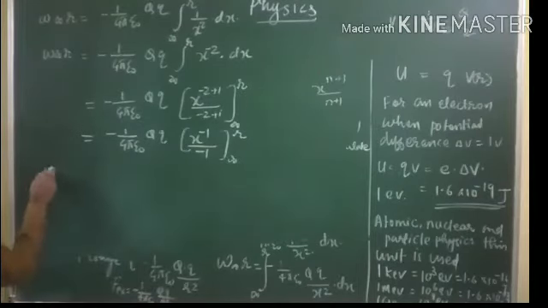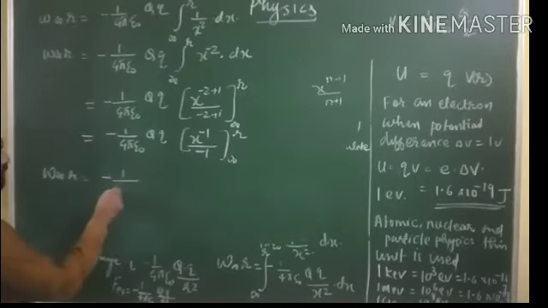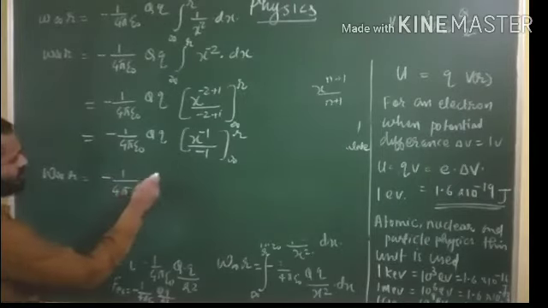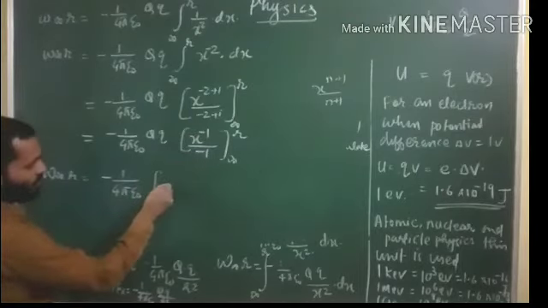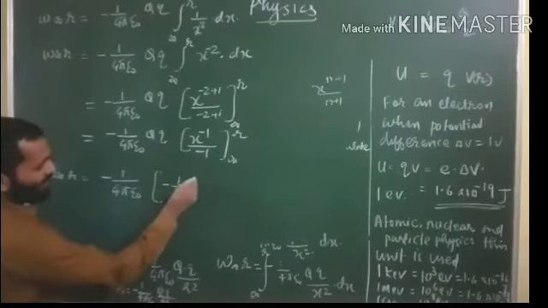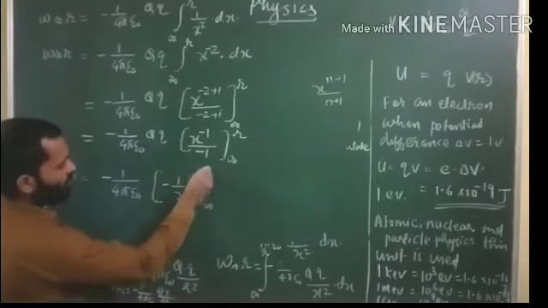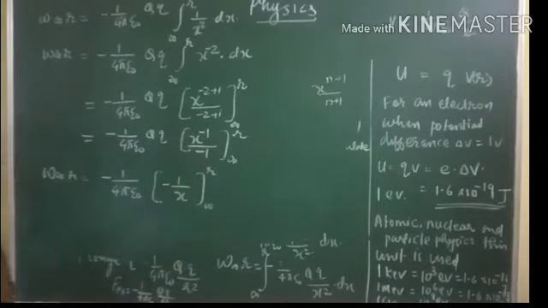This is work done from infinity to r, equal to minus 1 by 4 pi epsilon naught. This x we are taking in the denominator, so this will be minus 1 by x, infinity to r. Now we are applying the limit. Before applying the limit, minus into minus will be plus.